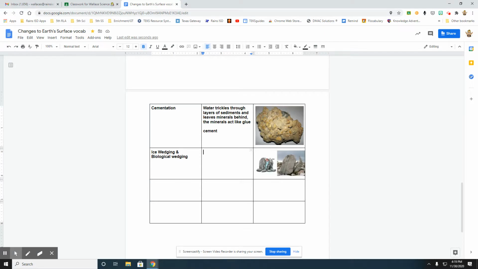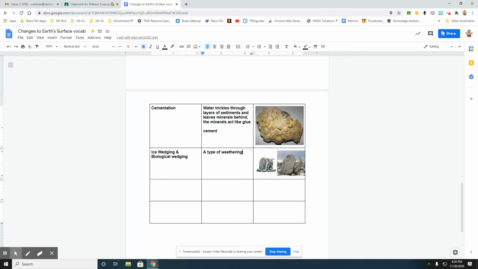So in ice wedging, this is a form of weathering. We need to put that in here. Remember that weathering is a breaking down of rock. So here you have a rock. Let's say it's got a little crack in it. Over time, it rains, that water gets down in there. Well, if this rock is in an area that's going to get below freezing, we know 0 degrees Celsius, and that water freezes, what does water do when it freezes?